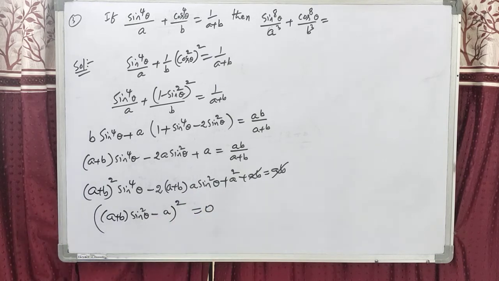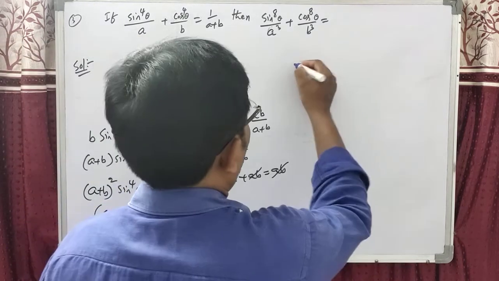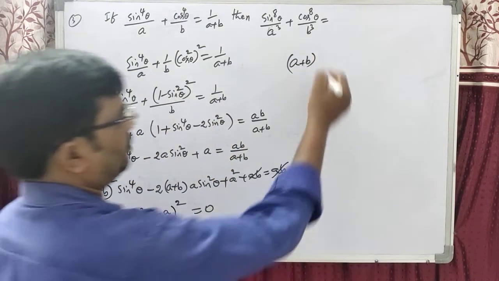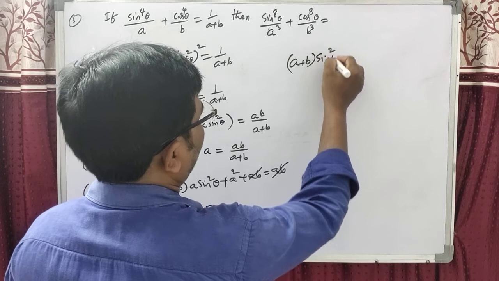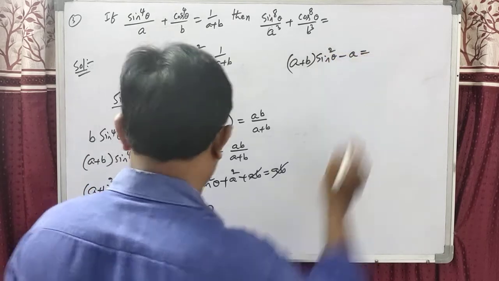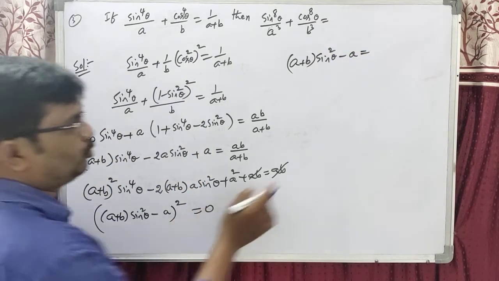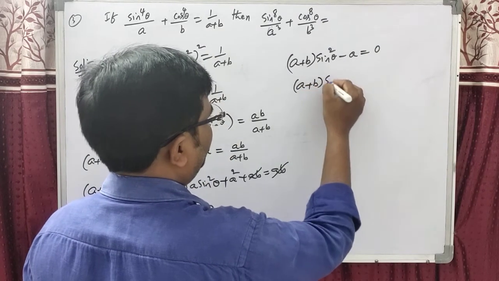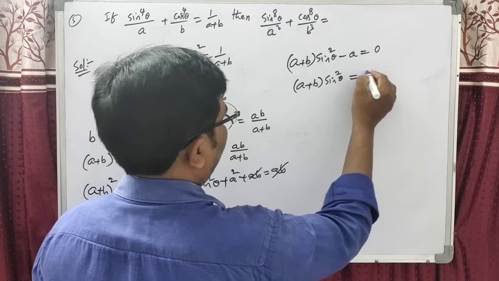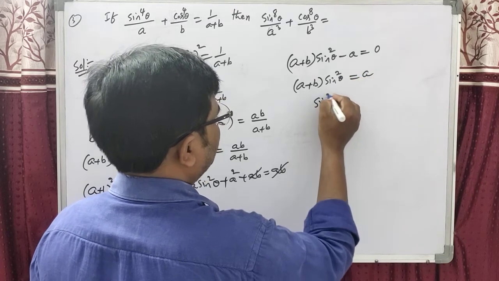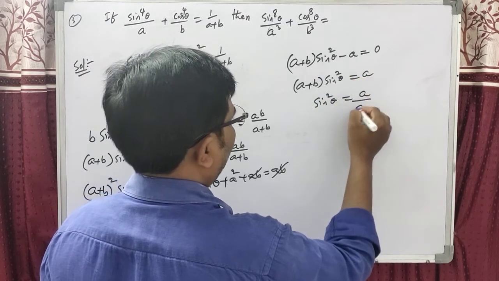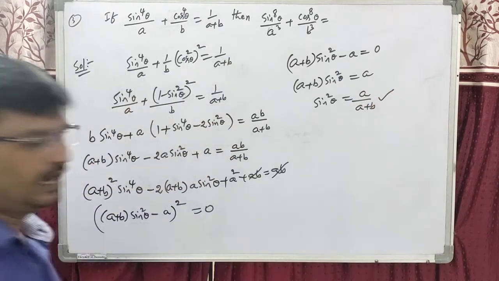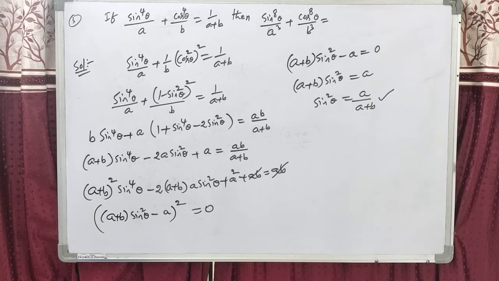Now how to write this one? (a plus b) into sin square theta minus a square, sent to the other side, root 0 is 0. This is, students, (a plus b) into sin square theta equals a. Sin square theta equals a by (a plus b). Okay students, sin square theta is a by (a plus b).